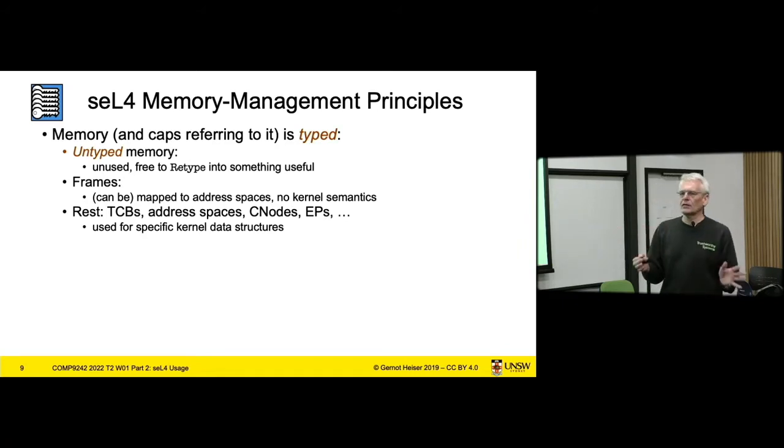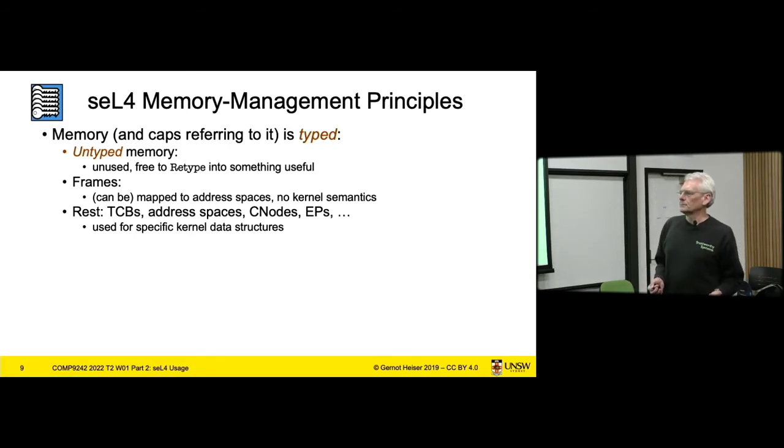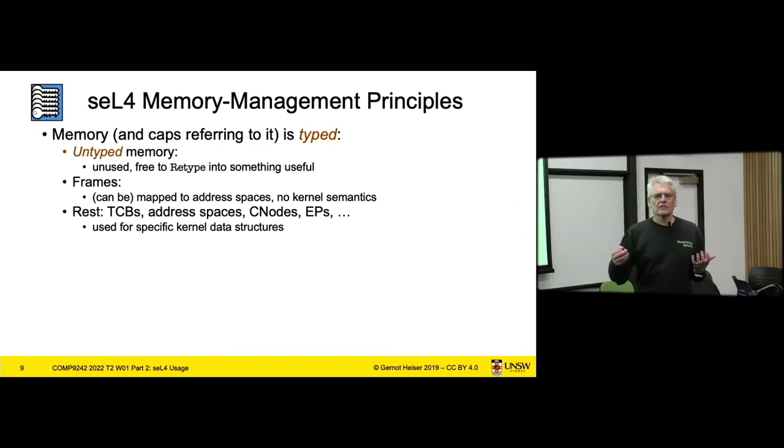You can't do anything other than retyping. Whereas frames are actual physical memory which is to be used by users, and basically the main operation you can do on frames is mapping them into an address space. And the rest are then just these objects that refer to the basic abstractions like threads and address spaces, etc., and have their type-specific protocols.